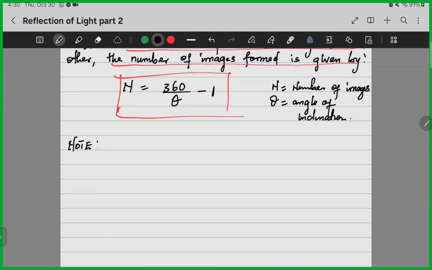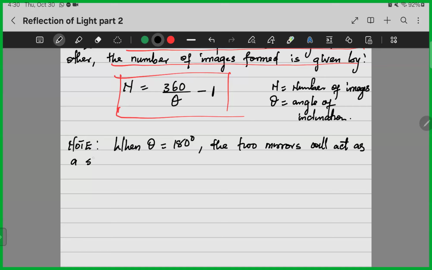So keep in mind, let me put it as notes, the way we normally put notes. When theta equals 180, the two mirrors will act as a single mirror, and therefore form only one image.